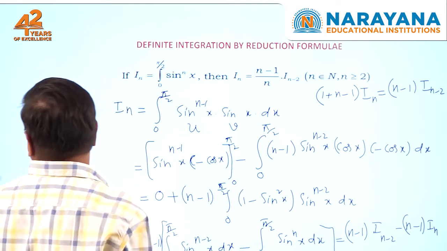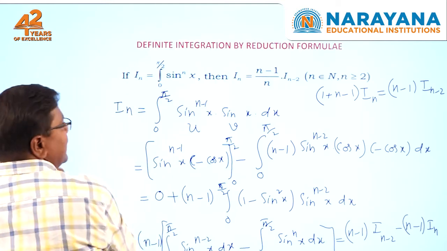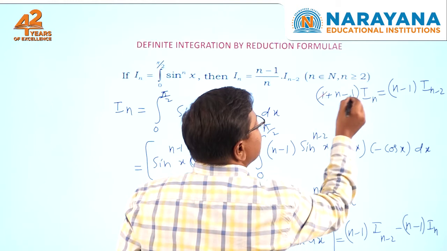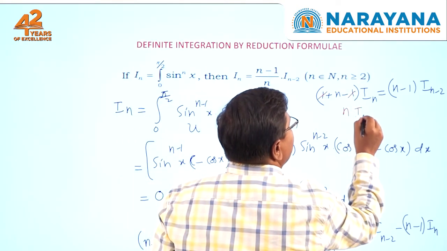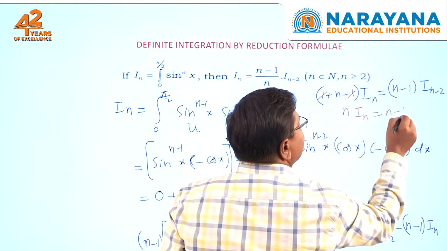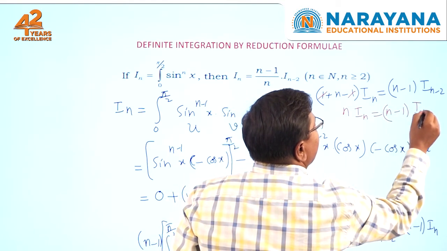Therefore, finally, the result is: the 1 and minus 1 get cancelled, so we are left with n into I n equal to n minus 1 into I n minus 2.